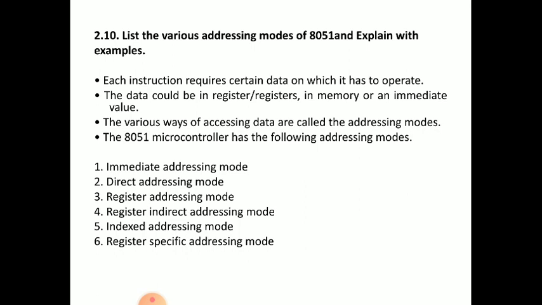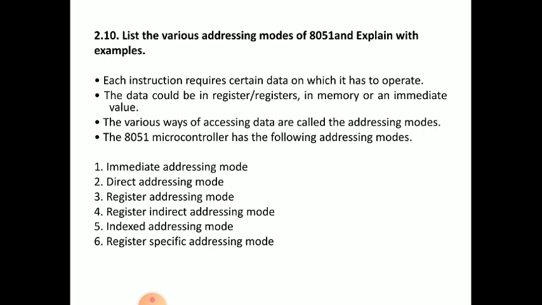Second point, the data could be in register or registers, in memory, or an immediate value. The data can be any of these. It can be stored in the registers. We have general purpose registers A, B, and R0 to R7 of each bank, and other important SFR registers also there.